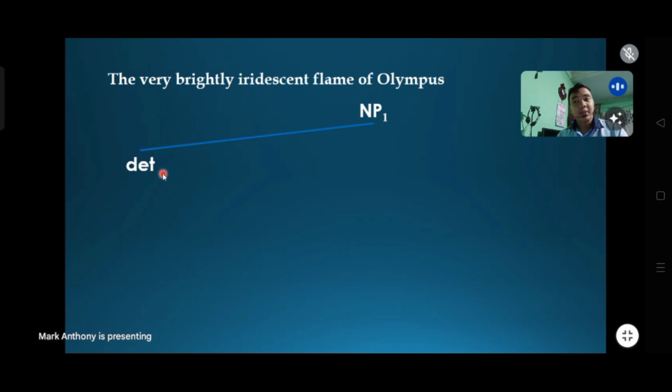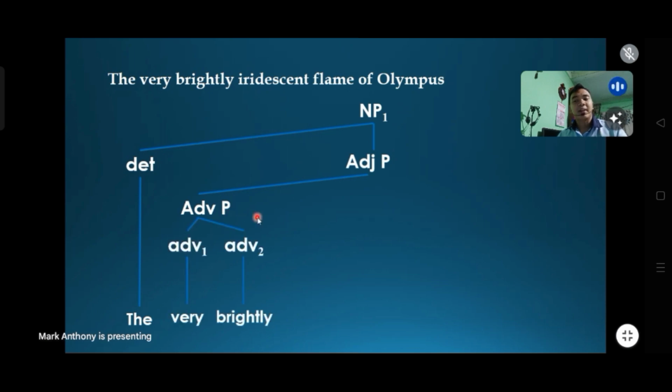We have the determiner, followed by an adjective phrase, in which it is an adverb, the adverb very, followed by another adverb, which is brightly. And then there we have the adjective itself, which is iridescent. And another noun phrase, the second noun phrase of the sentence, which is flame.